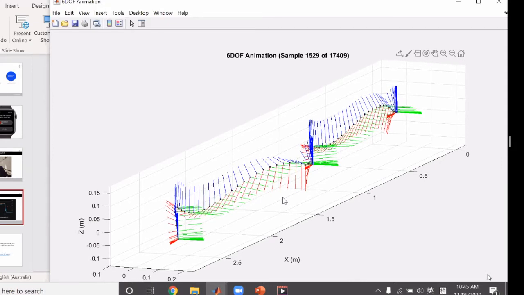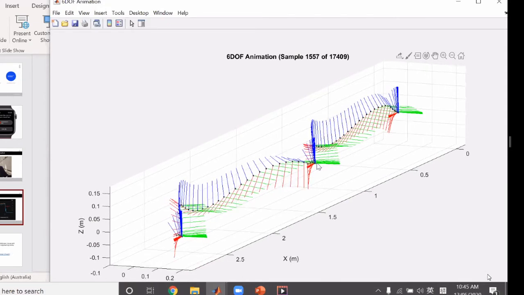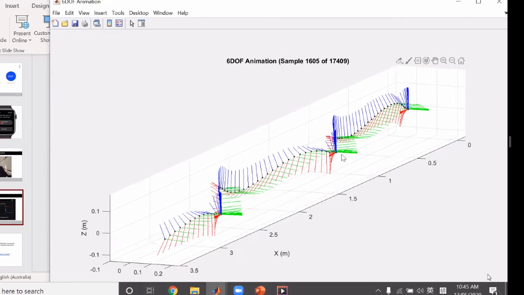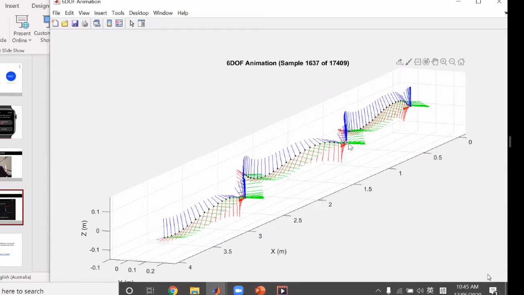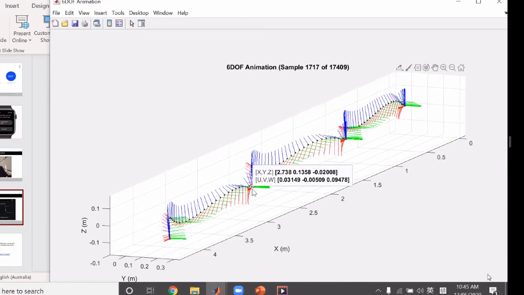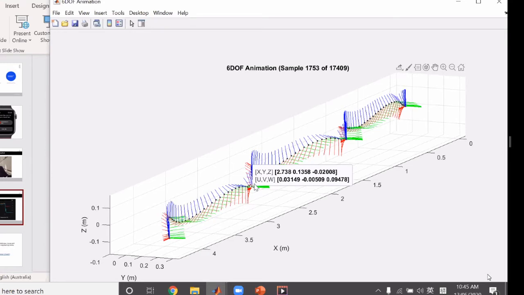You can see the steps here. It's a little bit slow. Once you know every step and you know the time, you know the cadence of your steps.